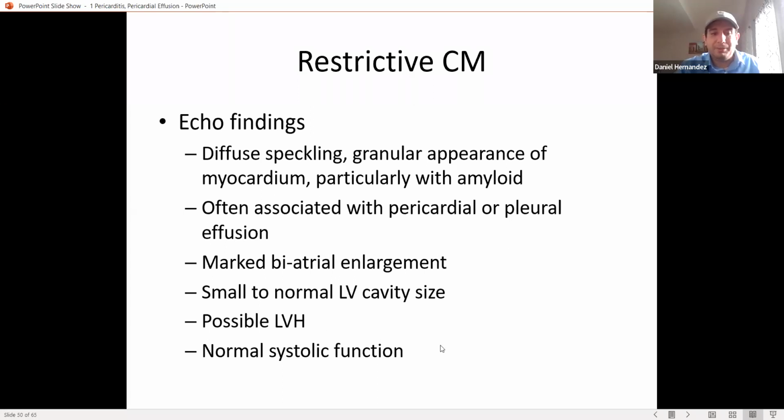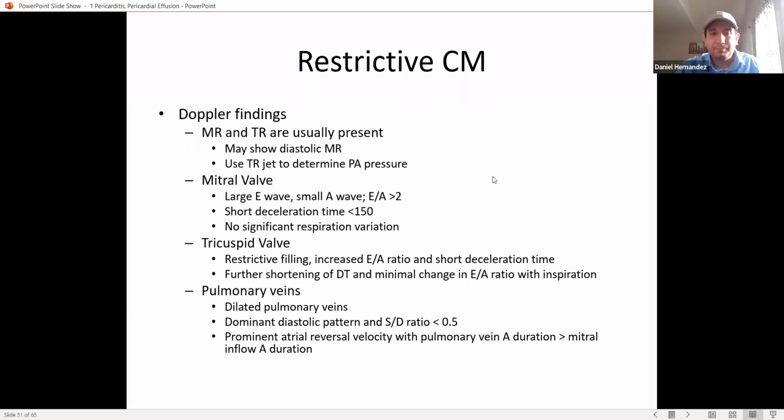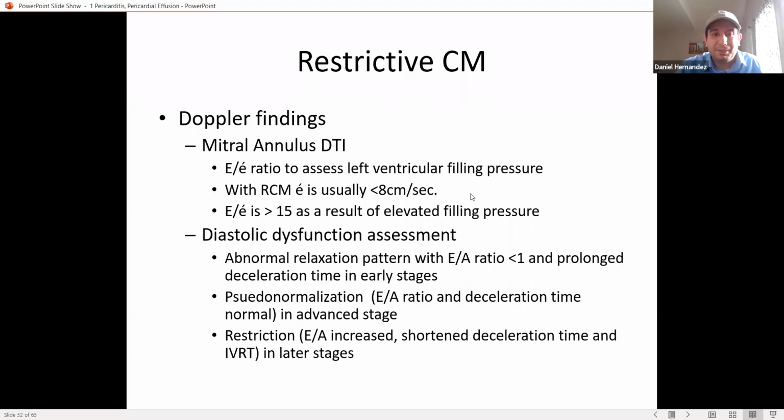And there's typically normal, again, systolic function. I'm not going to go over these things again because we kind of went over them.